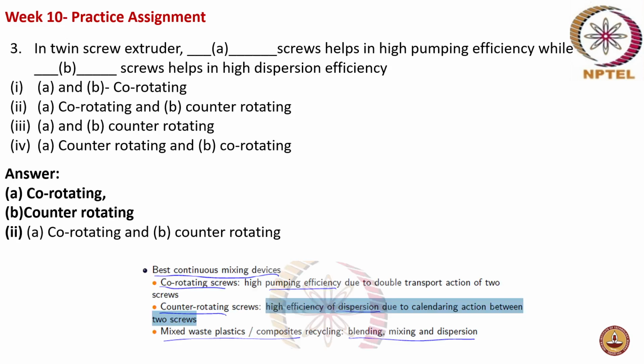Co-rotating screws lead to high pumping efficiency due to the double transport action of the two screws. And similarly, counter-rotating screws lead to high dispersion efficiency due to the calendering action between the two screws. So this is why co-rotating helps in pumping efficiency and counter-rotating helps in better dispersion.